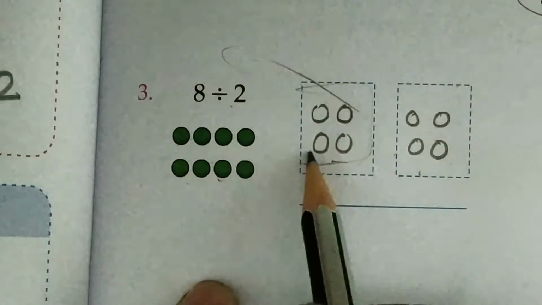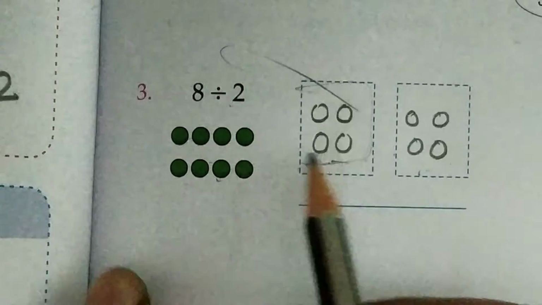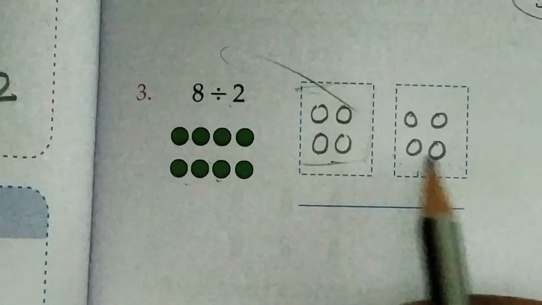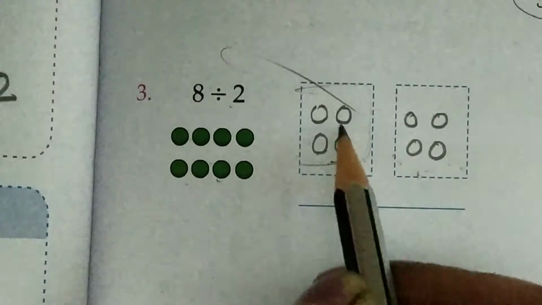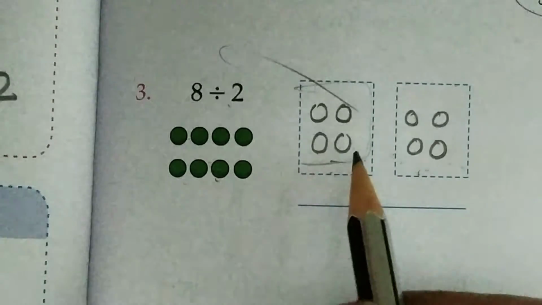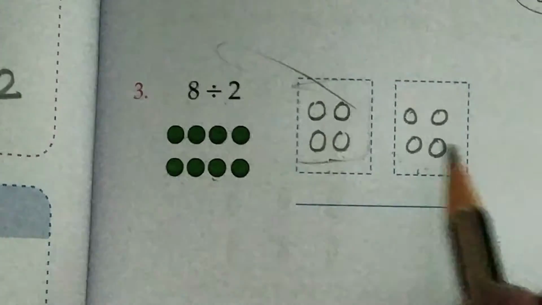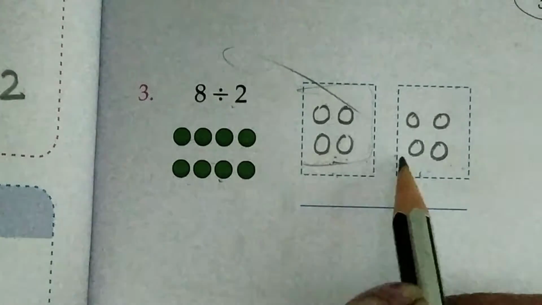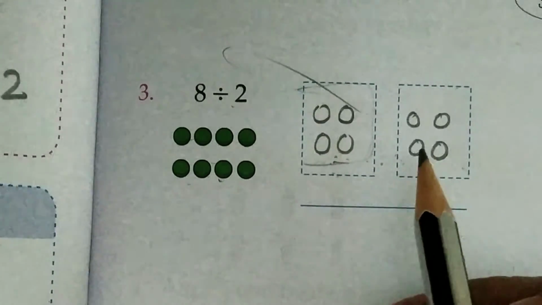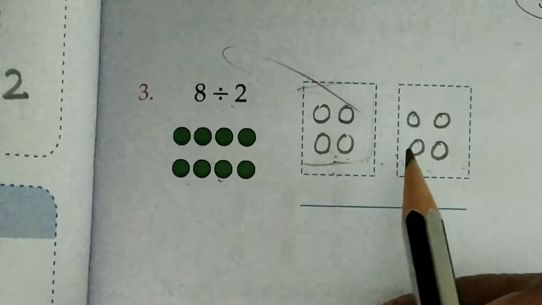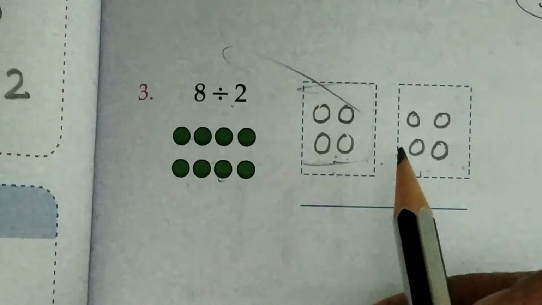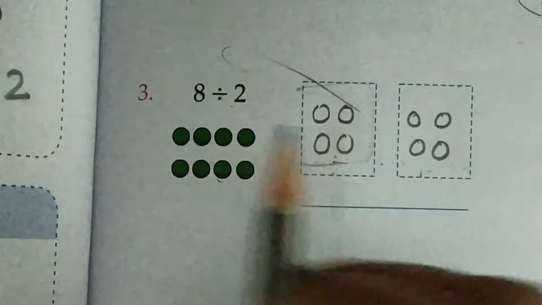So if we divide 8 balls into two groups, then we put four balls in each group.